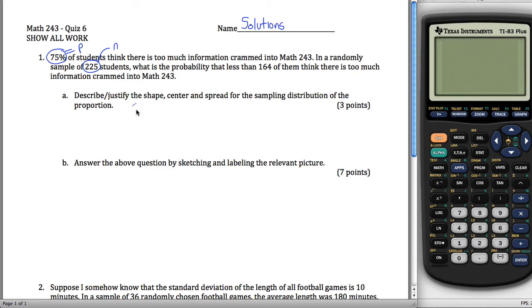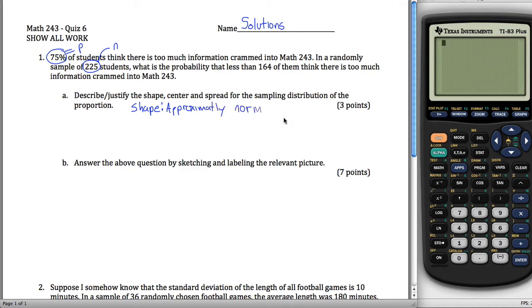First, shape, center, spread. The shape of this distribution is approximately normal. Why? Because it's always approximately normal. At this point in the class, we can justify why it's approximately normal.